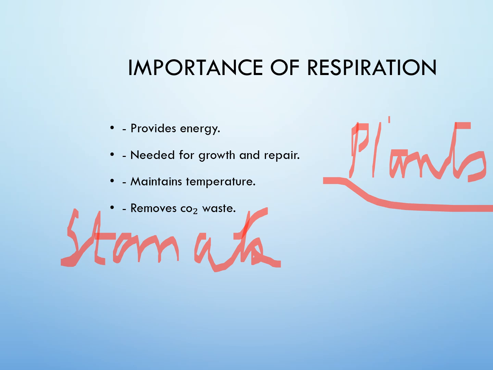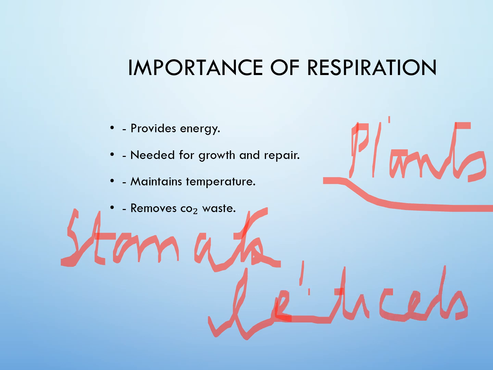And besides stomata which are present on the leaves, which are present sometimes on the stem also, there are lenticels. These are small pores which are present on the trunk of the plants. So they will also help in the gas exchange along with the stomata.